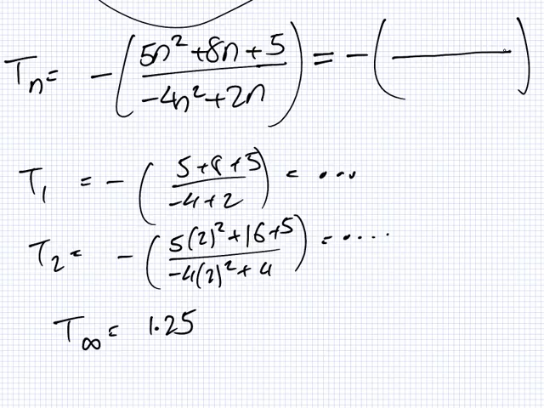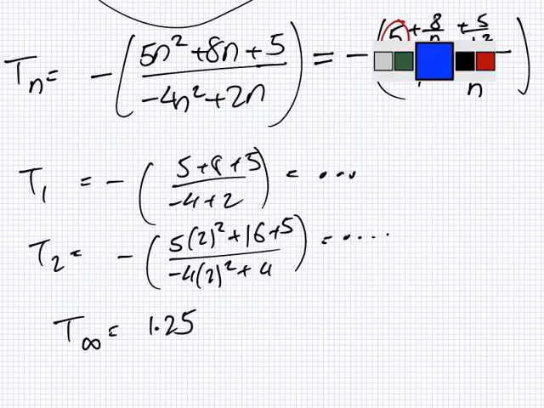Could do, but not factorize. The trick is to divide everything by n squared. So this would be 5, this would be 8 over n, this would be 5 over n squared, this would be minus 4, and this would be 2 over n. Now what happens when you make n very, very big? Does this change?